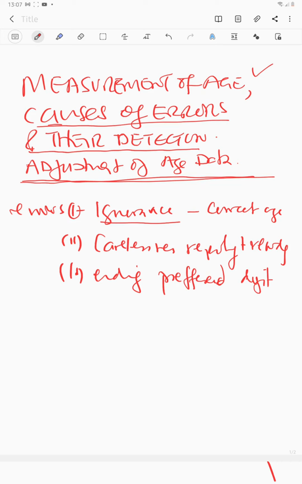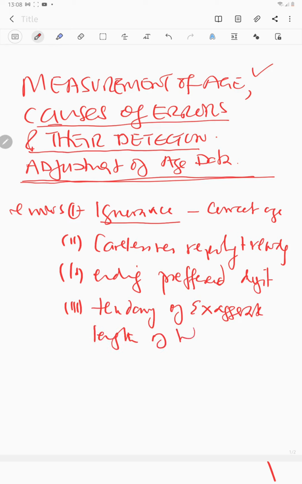If you are 47, you can say I am 50, depending on which digit preference you have, which normally gives an error. And sometimes there is a tendency of exaggeration. People can exaggerate the length of life for some economic gains. So they end up giving the wrong data.